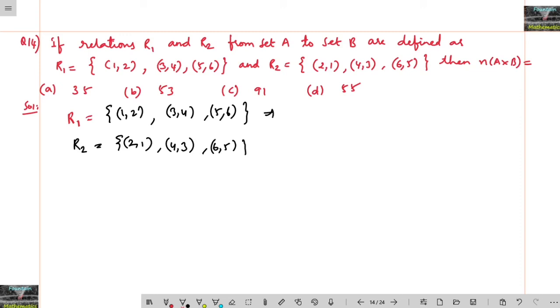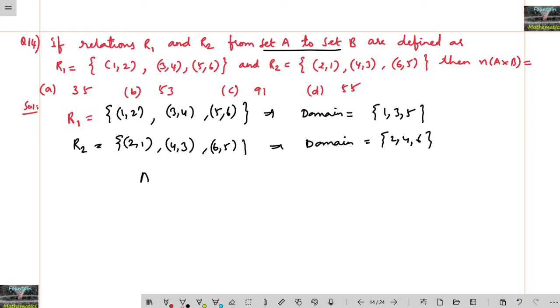And from here, maximum we can write the domain of this as 1, 3, 5, and here we can write the domain 2, 4, 6. Both the relations are defined from the set A to set B.